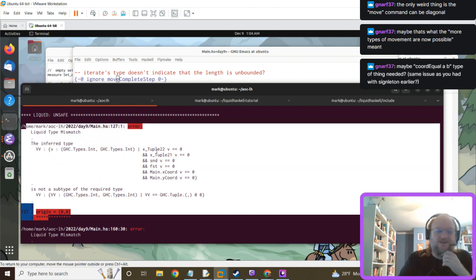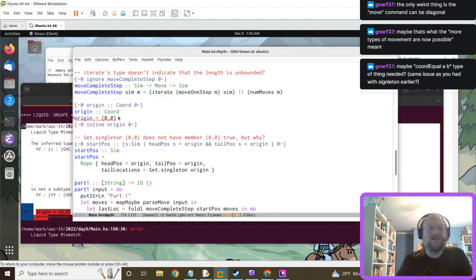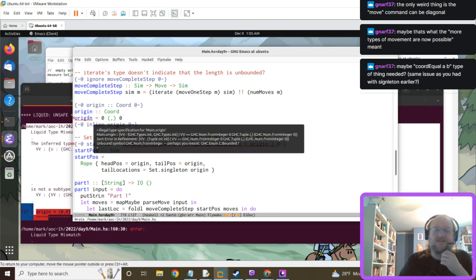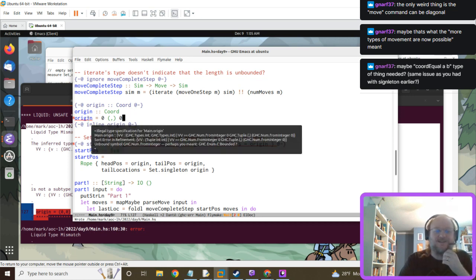So yeah, it knows lots of things about 0, 0, that it's a tuple, that every element is 0, but it doesn't know that that is what you get when you apply comma to 0 and 0. We're just getting further into the weeds there.